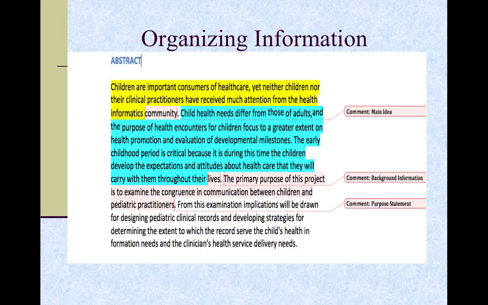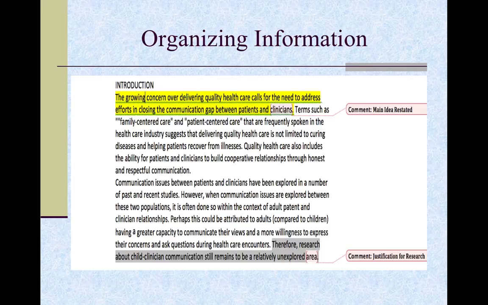The part in blue includes some brief background information that supports the main idea. And then in pink, you can't see very clearly, you have the purpose statement. It says the primary purpose of this project is to examine the congruence. Okay, so in this abstract, you can see you have the main idea, some basic background information that supports it, and the purpose statement.